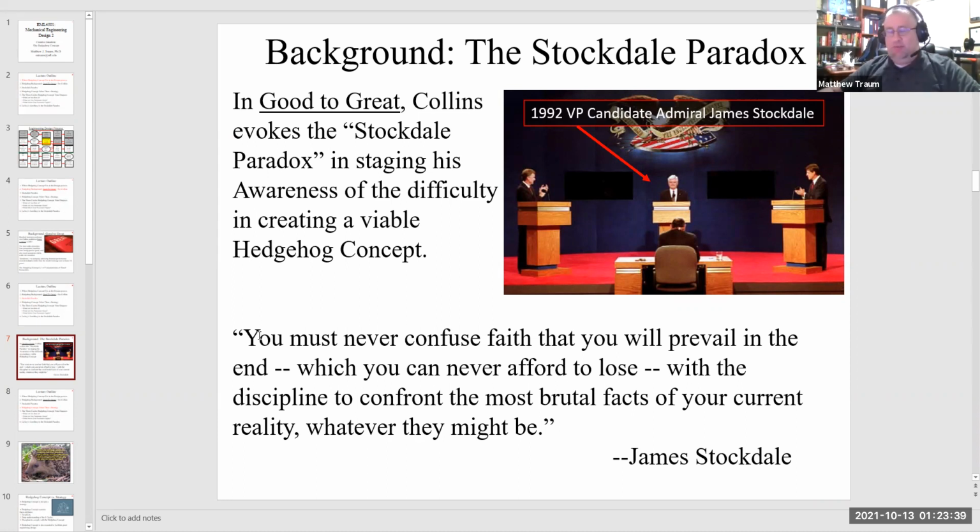And this refers to the period of time when he was a prisoner of war. It says, "You must never confuse faith that you will prevail in the end, which you can never afford to lose, with the discipline to confront the most brutal facts of your current reality, whatever they might be."